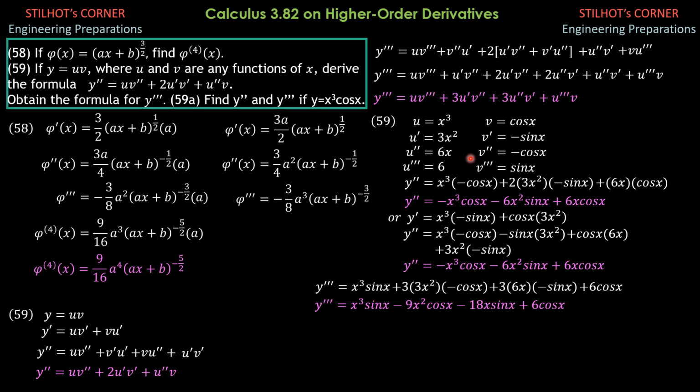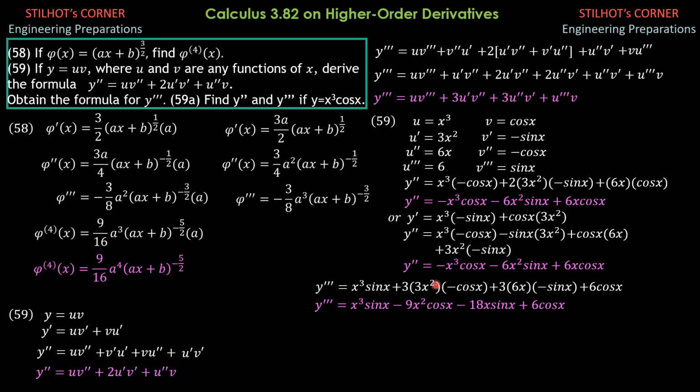Same is true here. The first is u to the 0, then u prime, and just u, then first derivative, second derivative, third derivative. While the second is third derivative, second derivative here, first derivative, then the original v. So it's like expanding u plus v quantity cubed. But this is the ordinary and usual way.